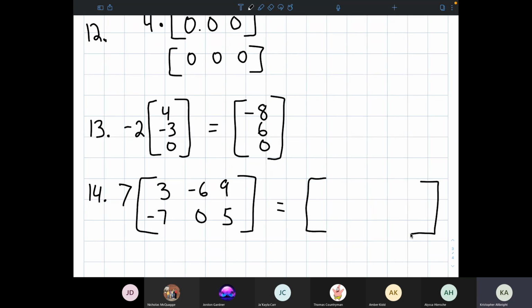So this is specifically, we're getting a matrix of the same shape. So 21, negative 42, 63, negative 49, 0, and 35. So pretty simple concepts, just understanding how to read these and, you know, a few special types.